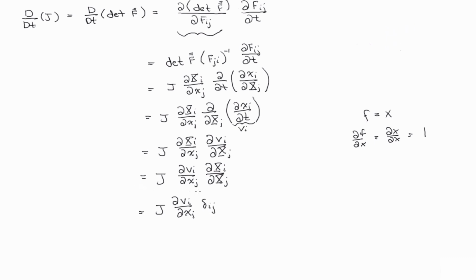In the case of 3 by 3 matrices, it plays the role of an identity matrix, but what it really is is something called a Kronecker delta function. It simply takes on a value of 1 when i equals j and 0 otherwise.